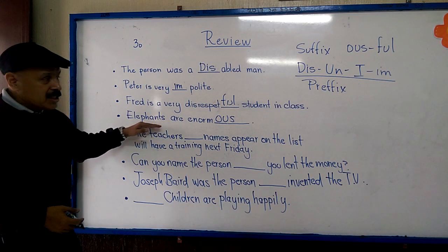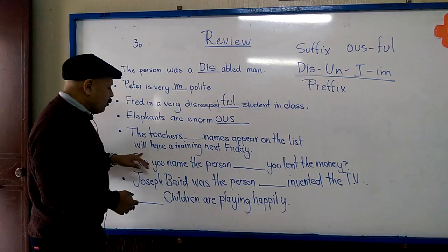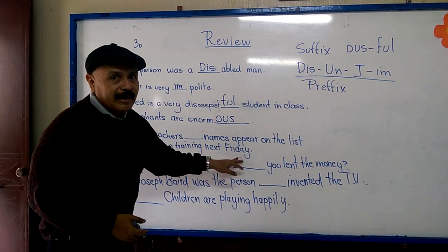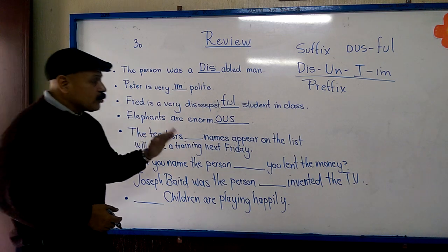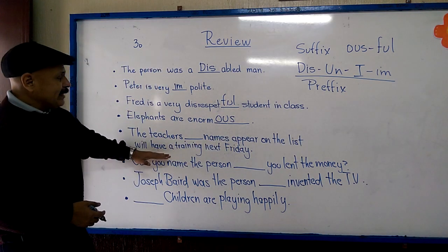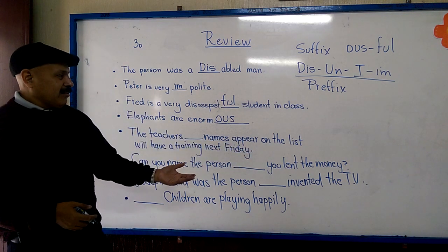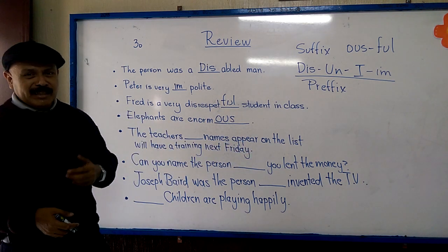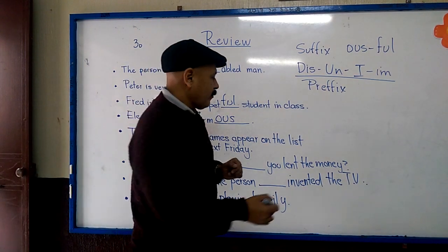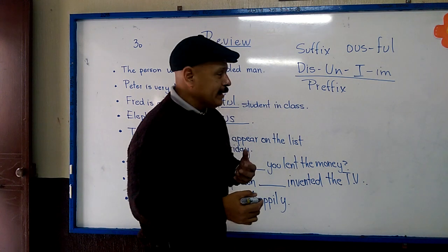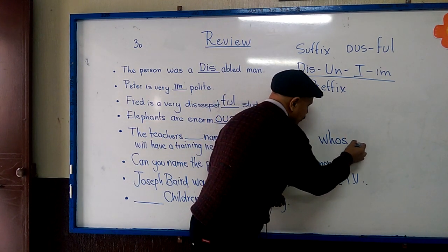Now, this is another topic. The teachers whose names appear in the list will have a training next Friday. Los teachers, los maestros, cuyos nombres aparecen en la lista, tendrán un training el próximo viernes. Muy bien. ¿Cómo digo yo cuyos? ¿Se recuerdan ustedes que estábamos viendo el cuyos en inglés en una de nuestras clases? Es la palabra whose.